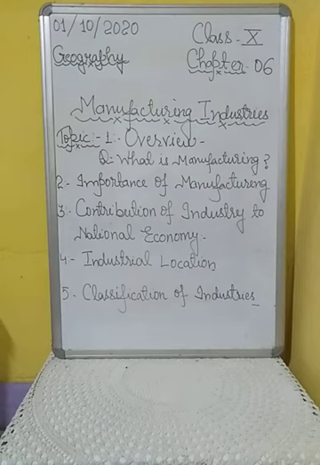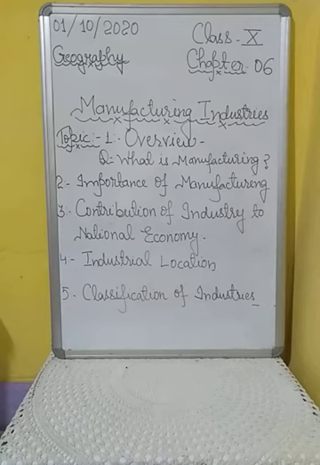and after that, last one is on the basis of finished goods. So students, on the basis of finished goods, bulk and weight of raw materials, there are two types of industries. Number one is heavy industries and number two is light industries.